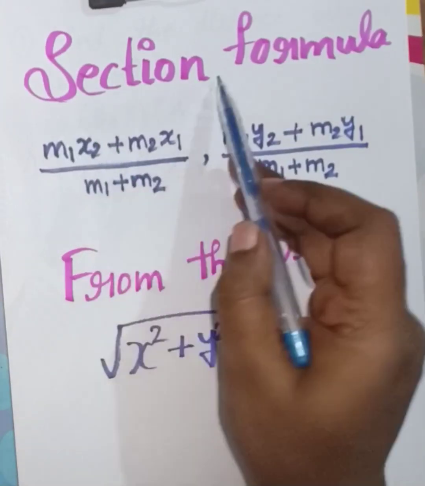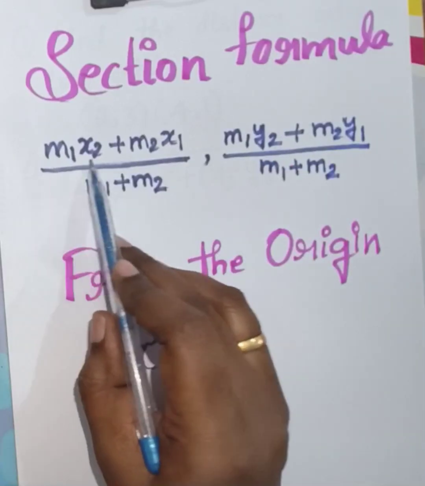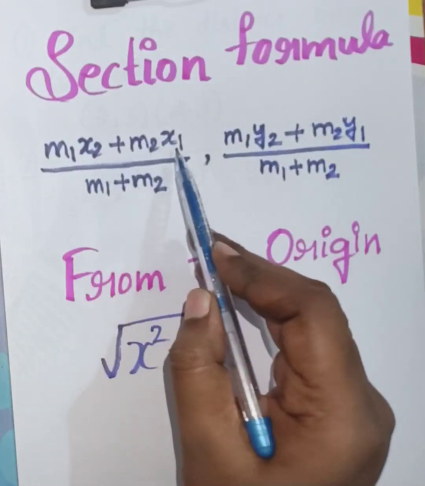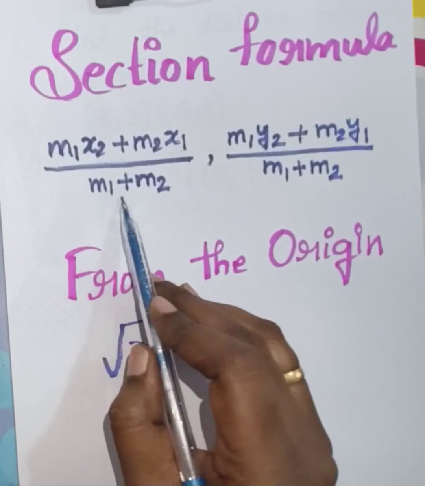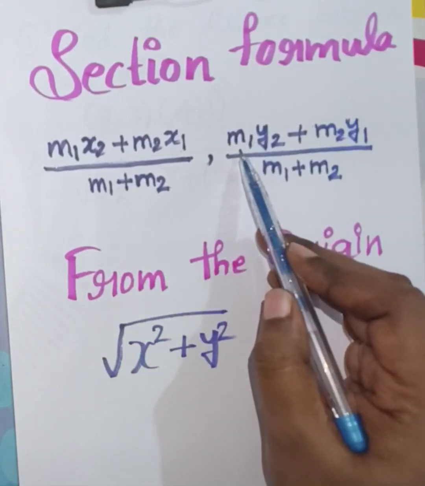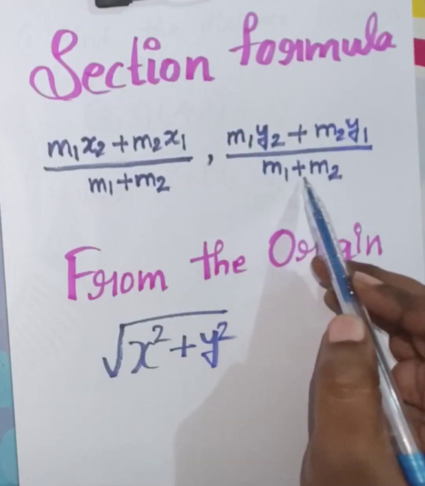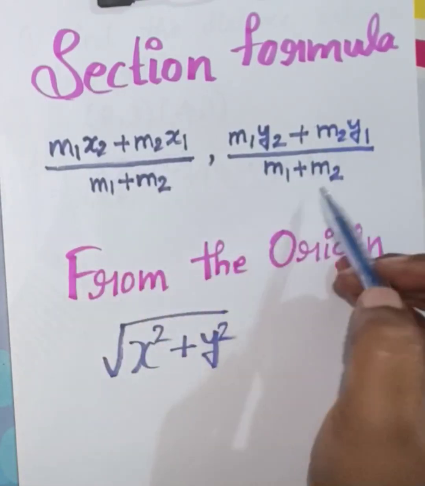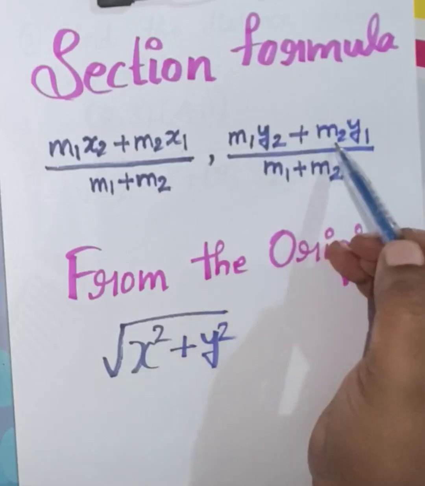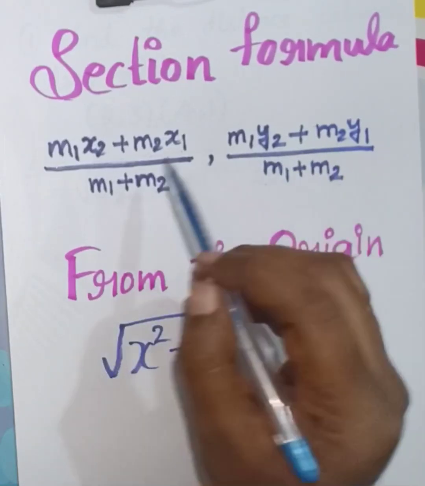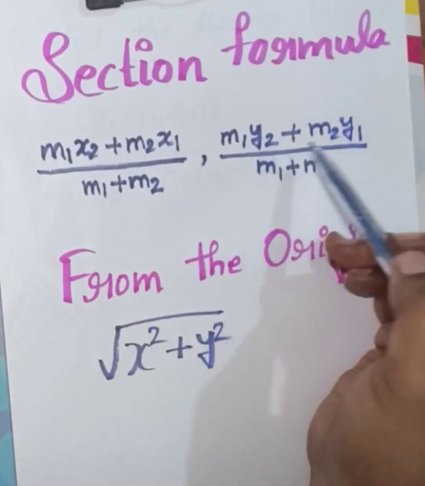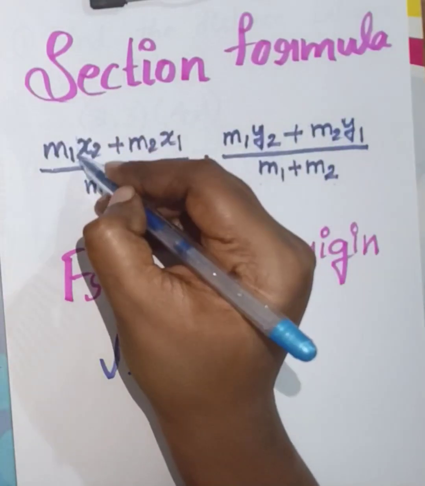In the same way, the section formula: (m1 x2 plus m2 x1) by (m1 plus m2), comma, (m1 y2 plus m2 y1) by (m1 plus m2). On the first side you write m1 m2 m1 m2 with the same denominator, then x2 x1, y2 y1, so it is easy to remember.